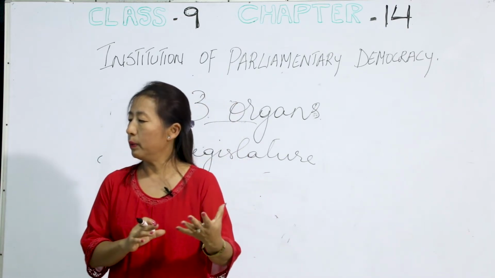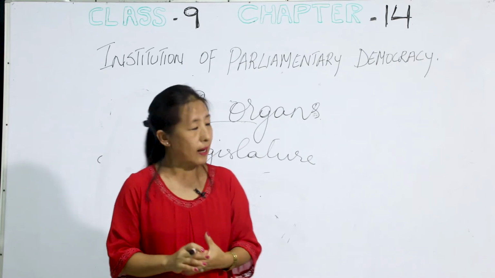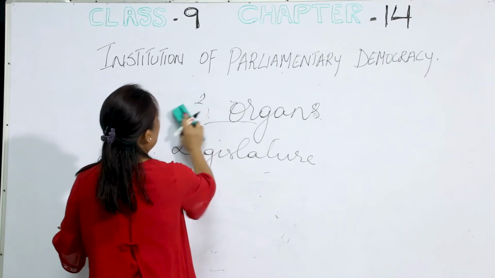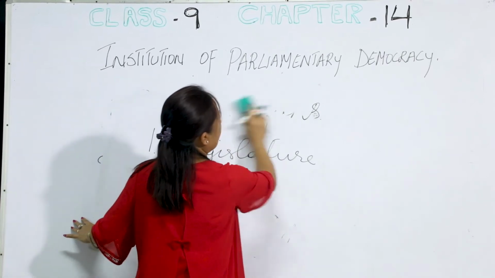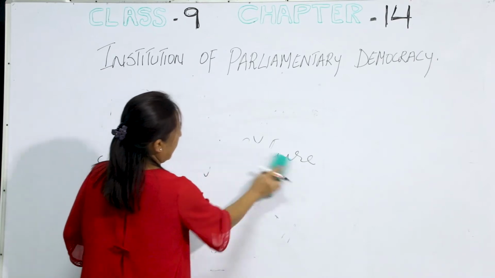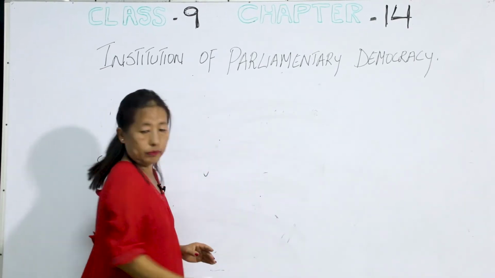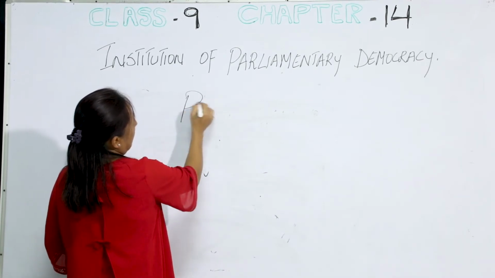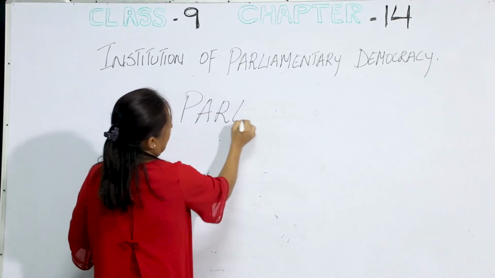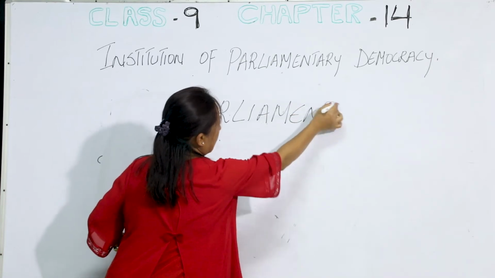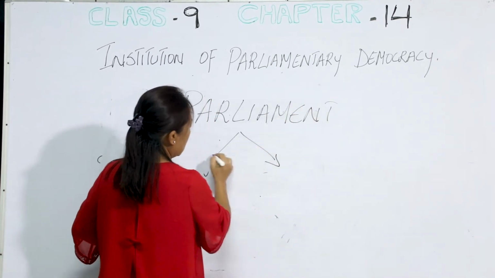Now, when we talk about parliament, we all know that it has two houses. I hope you still remember that. So, let's say this is the parliament, and it has two houses.